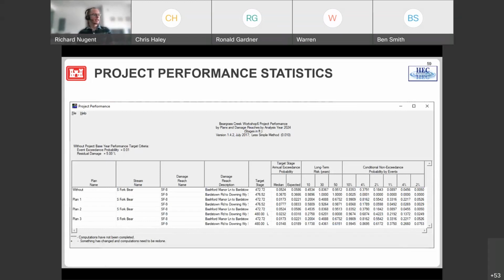So if we look at the top row, for damage reach SF8 in the without project condition, there is an 83.53% chance that significant damage will not occur with the 10% flood.